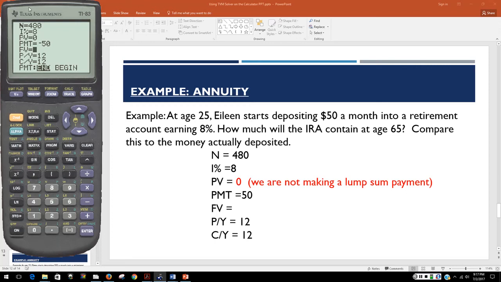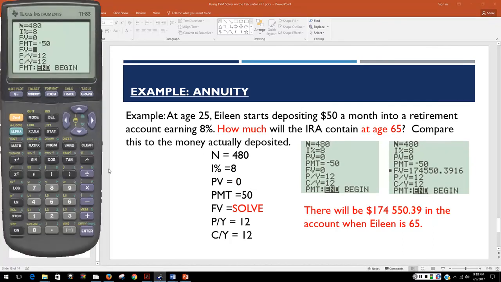So just to recap, 40 years times 12 months in a year means she's making 480 payments at 8% interest with no lump sum payment. Payments of $50 every month for 12 payments per year and compounding 12 times a year, and we want to know how much money she's going to have at the end of that period of time.